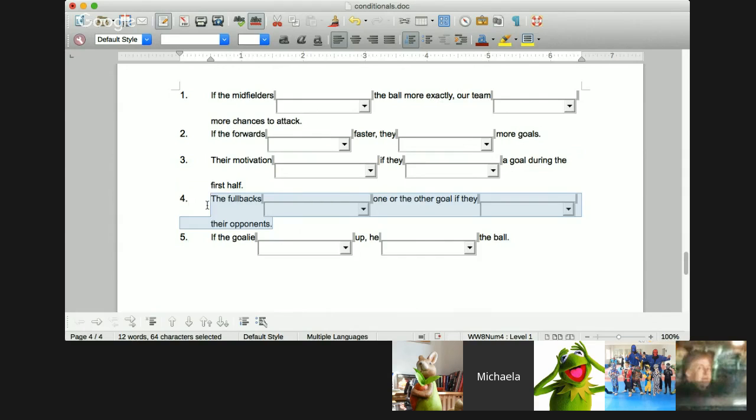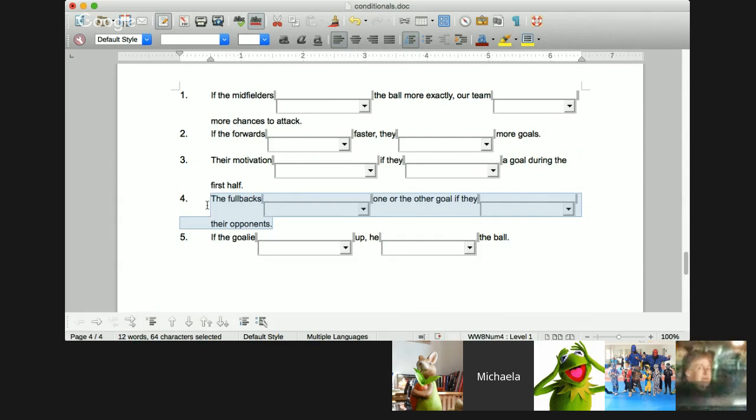The fullbacks would scored one or the other goal if they... I don't know.